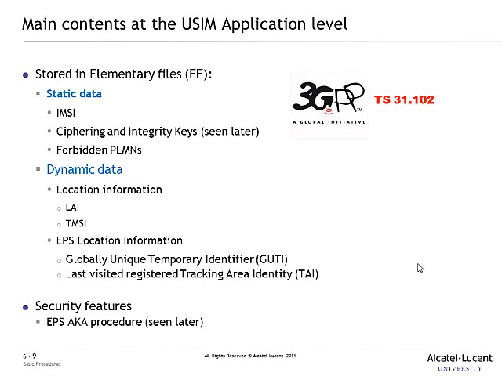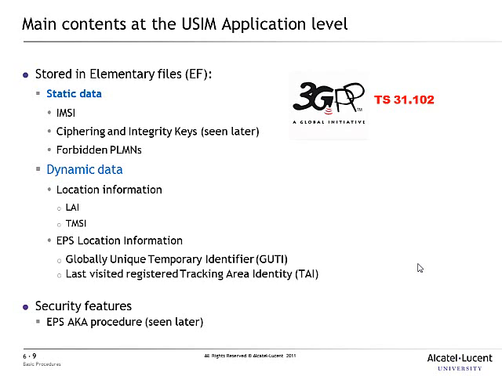Now, we will see later on that in 4G, we are going to allocate a number called GUTI, which stands for Globally Unique Temporary Identifier. Okay. Now this is the equivalent of TMSI. Remember, TMSI comes from the GSM era.